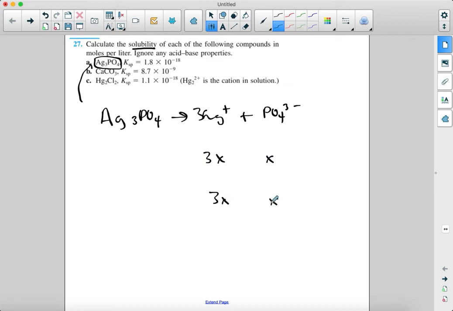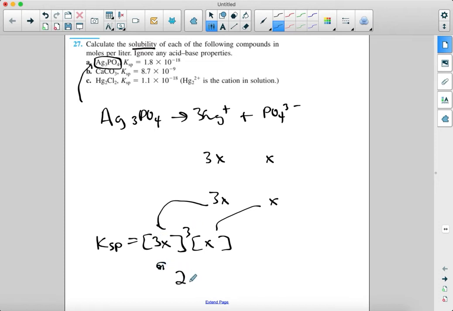Then when we put in our KSP formula, this would have to be cubed, and that would be to the first. So when I drop it in there, I get 3x, x. And so what am I going to end up with? 3 cubed is 27. X to the 3rd, add the extra 4th on there, I get 27x to the 4th.